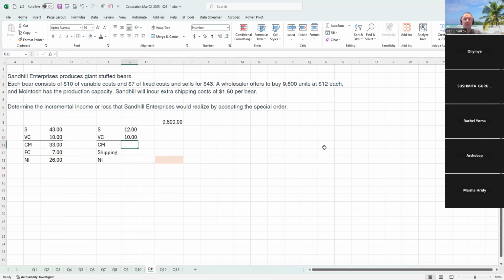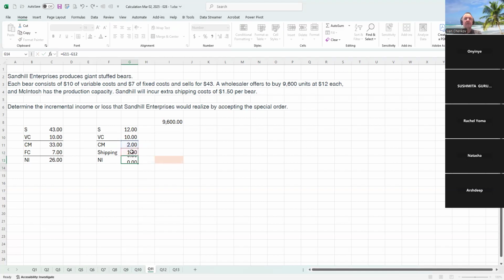So how much is my contribution margin now? $2 up to this point. Do I have to incur more cost? Yes, shipping cost of $1.50. So am I generating anything? 50 cents, equal to this one minus that one.